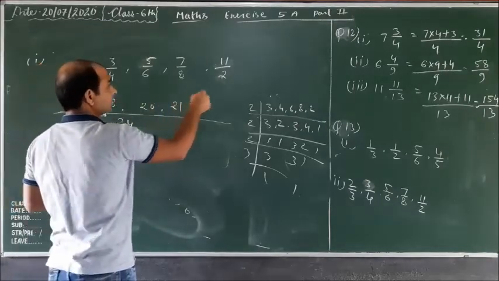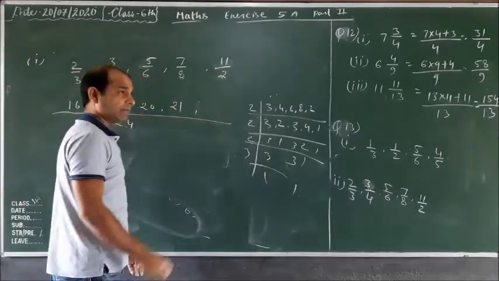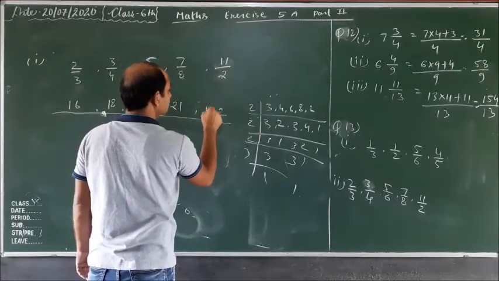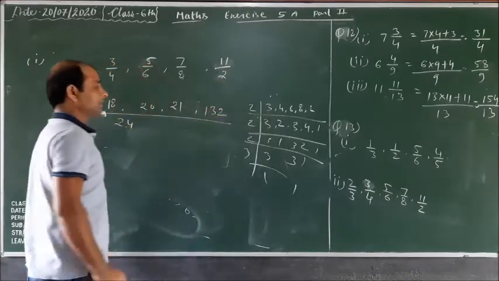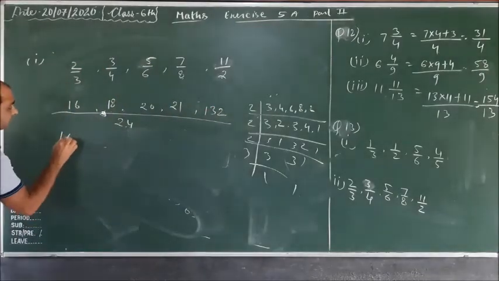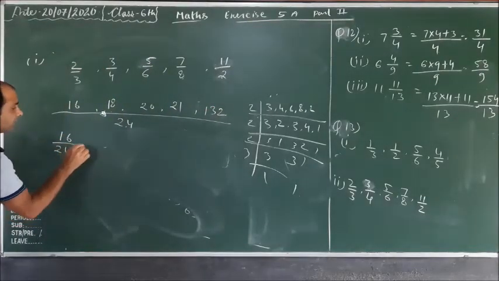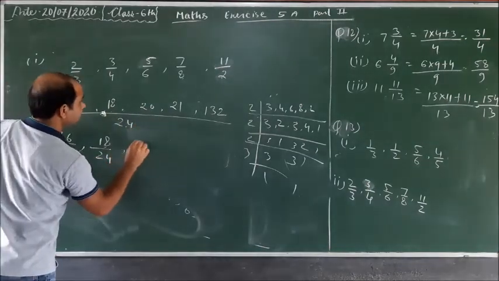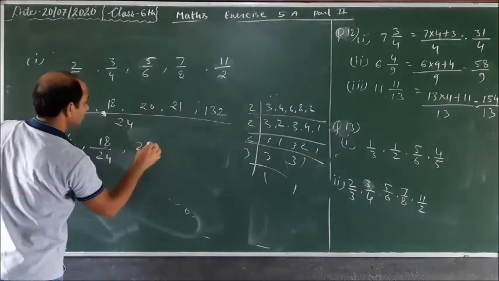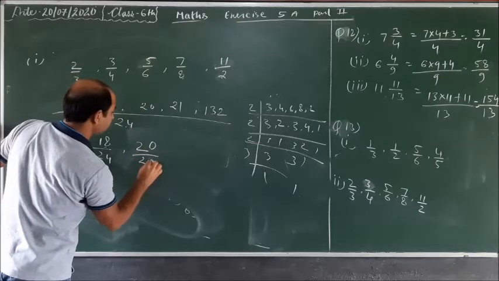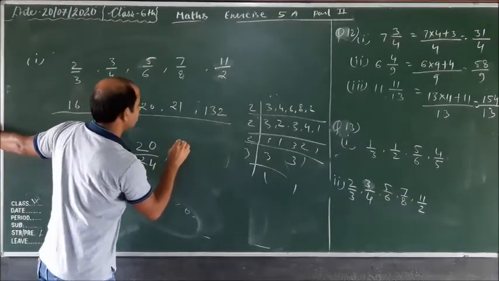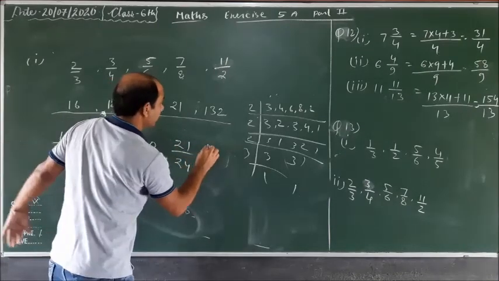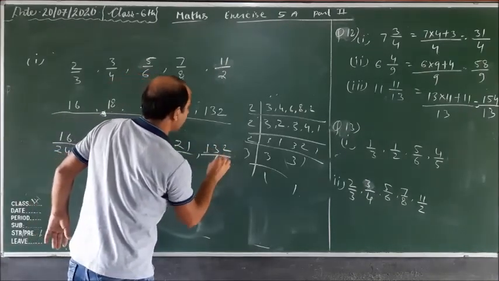So 12 multiplied by 11 is 132. Okay, now the fractions are 16 upon 24, 18 upon 24, 20 upon 24 and 21 upon 24 and 132 upon 24.